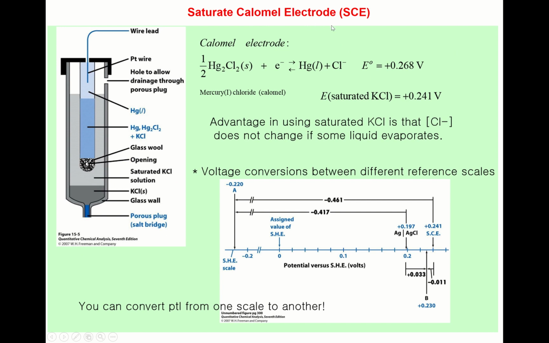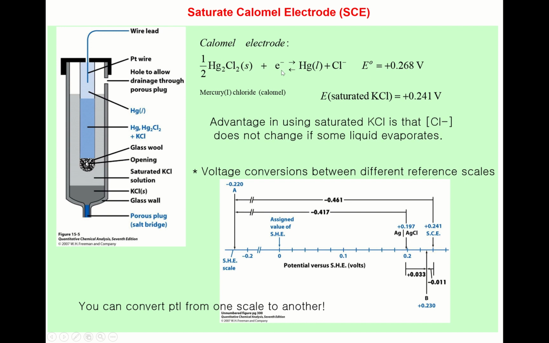In short, we call it SCE. Actually, calomel is the name of this compound, mercury chloride, Hg2Cl2. This is a white solid, and it has been known for a long time, and people call it calomel. It undergoes an electrochemical reaction.